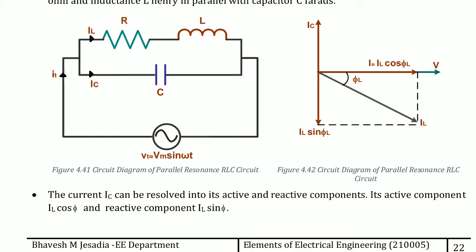One is the IL current, in the resistor and inductor, and the other one is the capacitor current IC. So IT is divided into IL and IC.